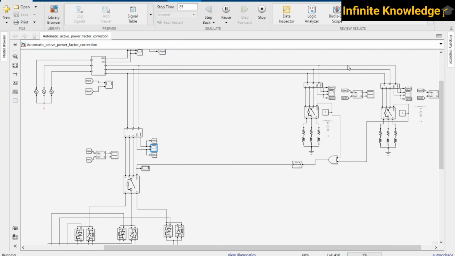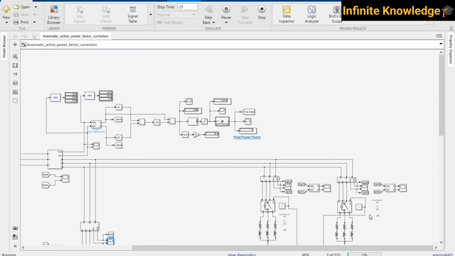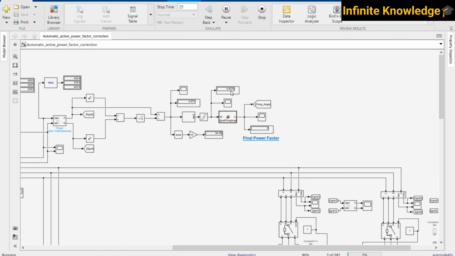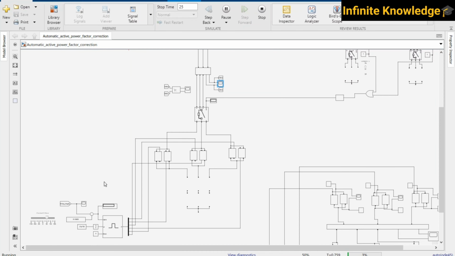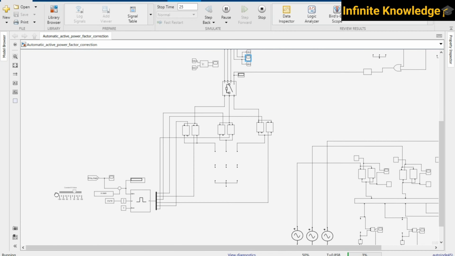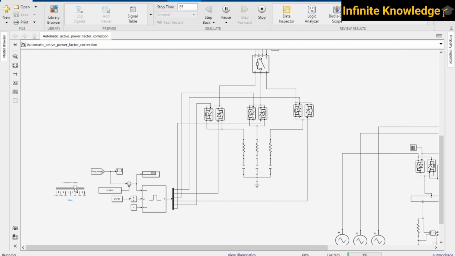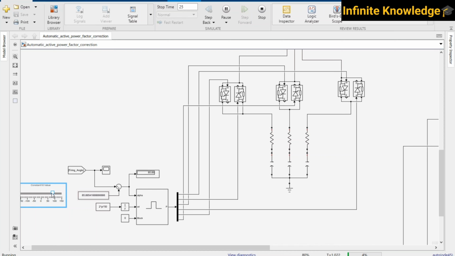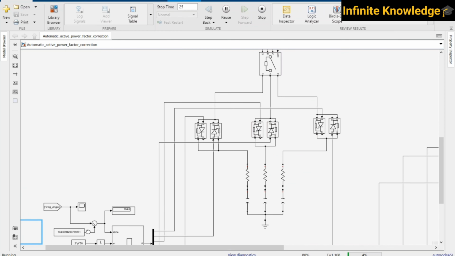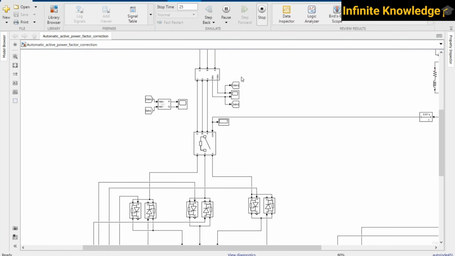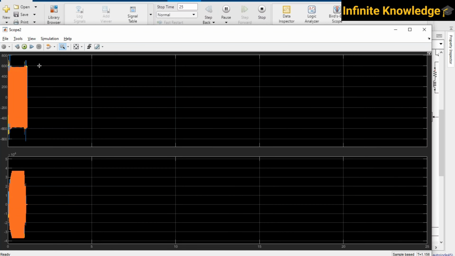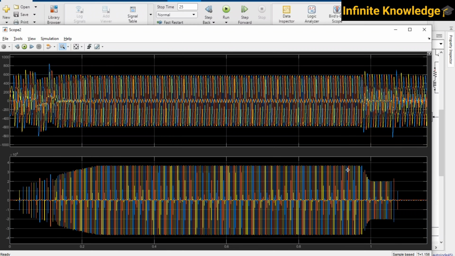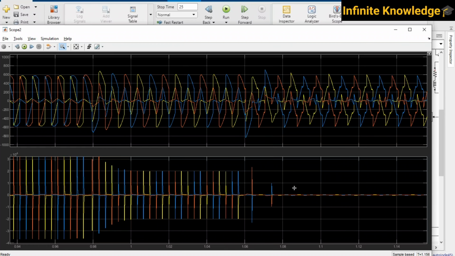It cannot maintain it. Both loads are on, and even so we are getting only a 0.637 power factor, which is very low. And if I increase the angle again to like 100 degrees, then you can see the waveform is reduced and after some time it's totally zero.